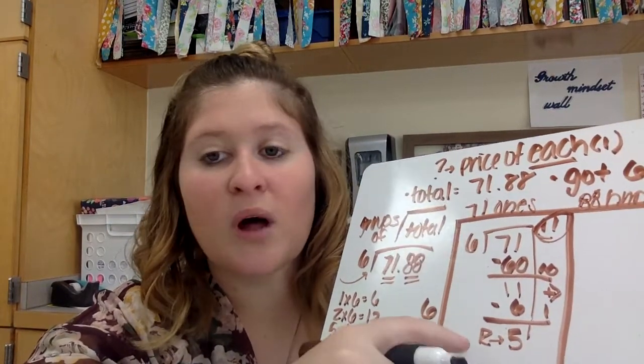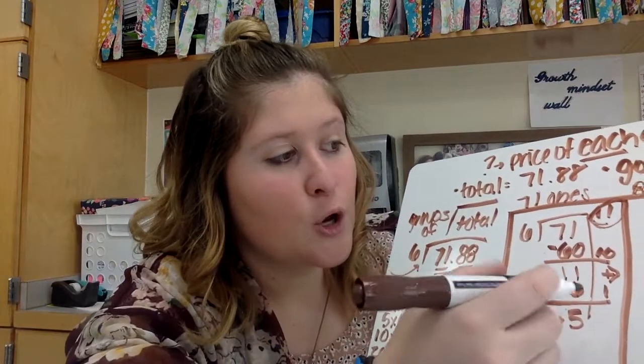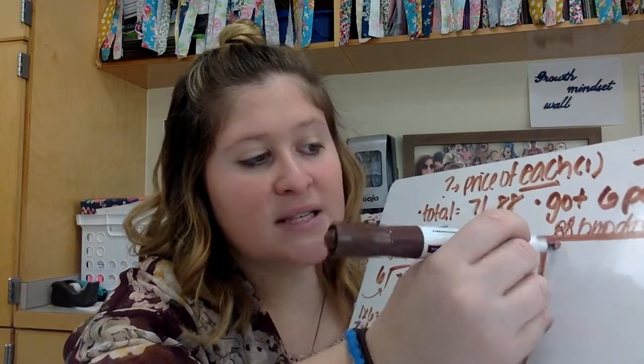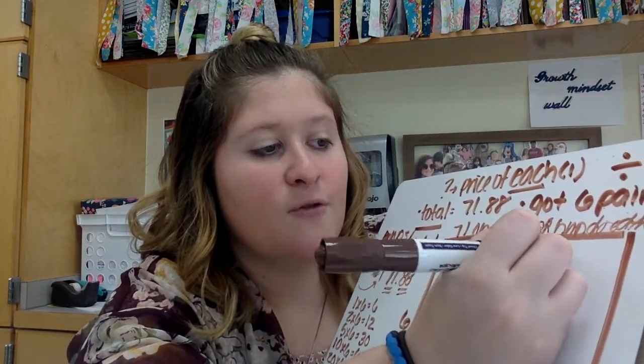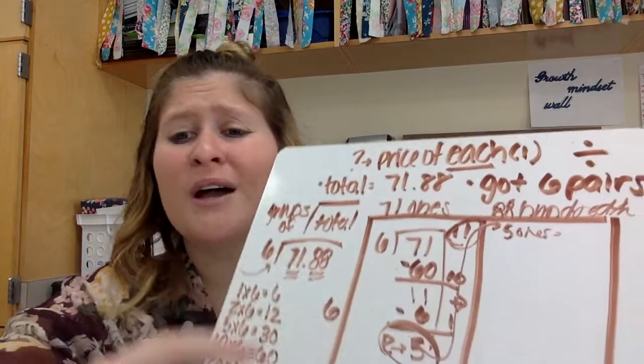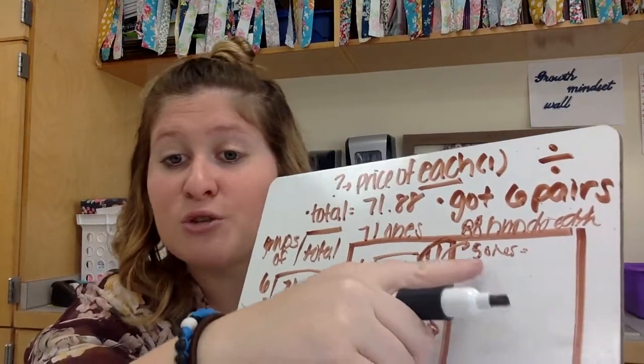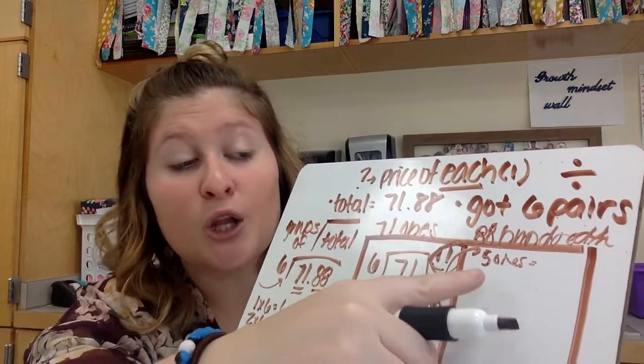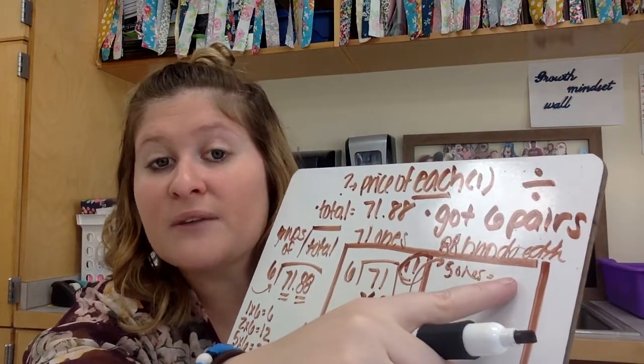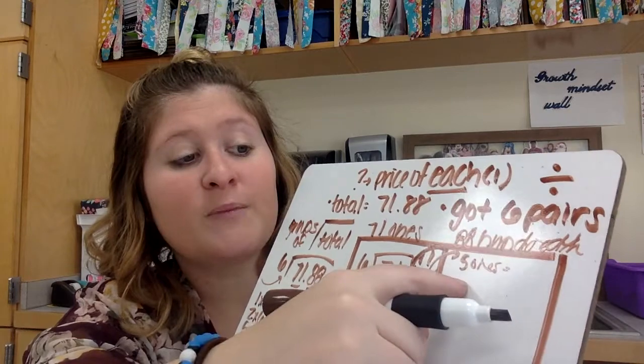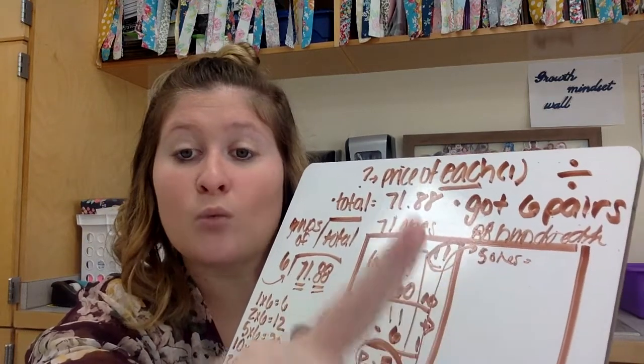Now I've got to think of, well, I can't just leave this remainder here. So we're going to move it to this next block, and I'm going to write 5 ones. You've gotten so great about knowing what this turns into. So 5 ones is a dollar bill. I'm trying to turn it into hundredths, which is like a penny. So you've been able to tell me there's 100 pennies in $1.